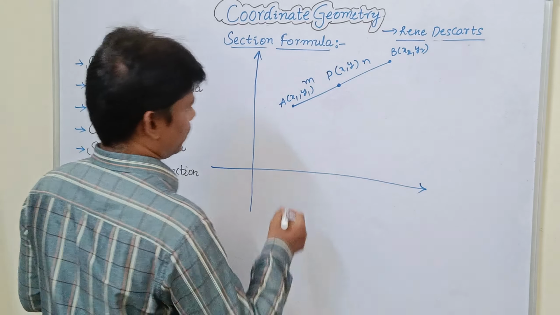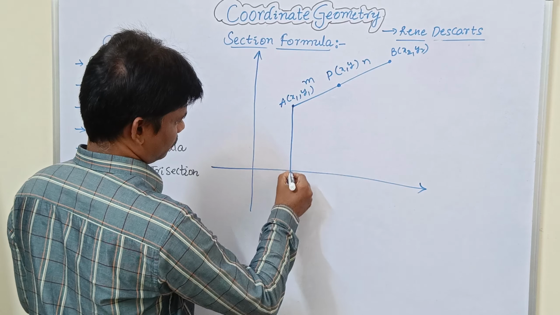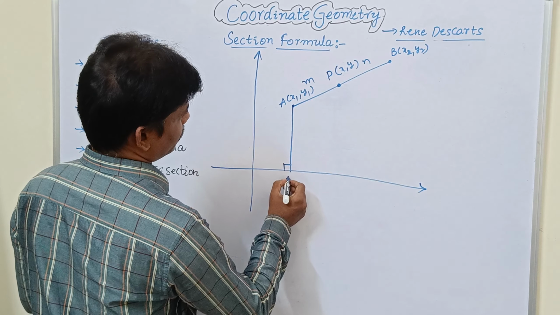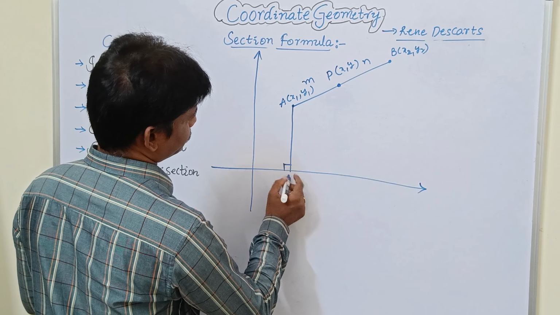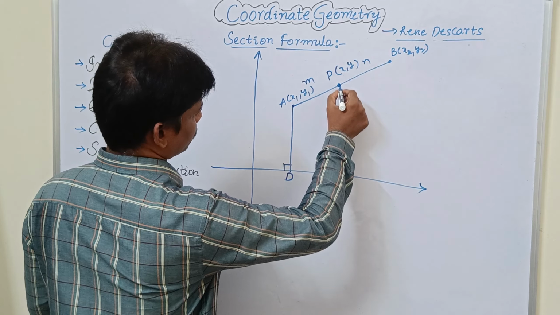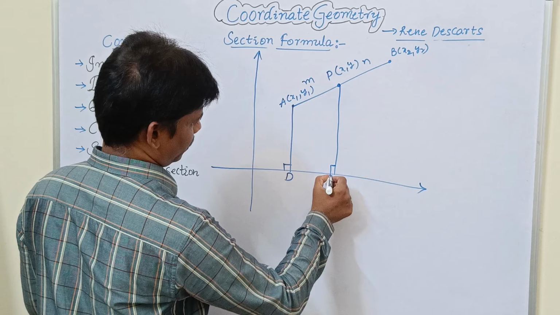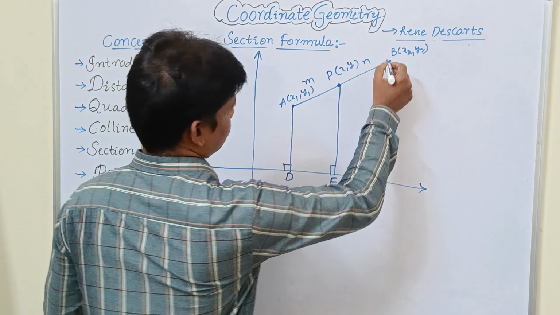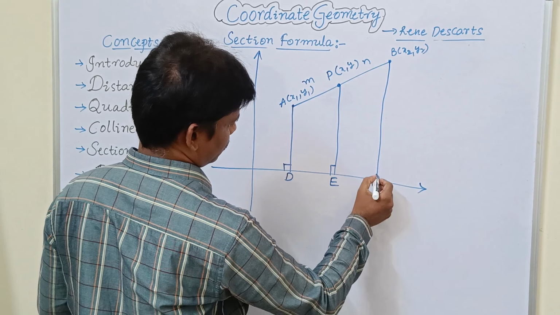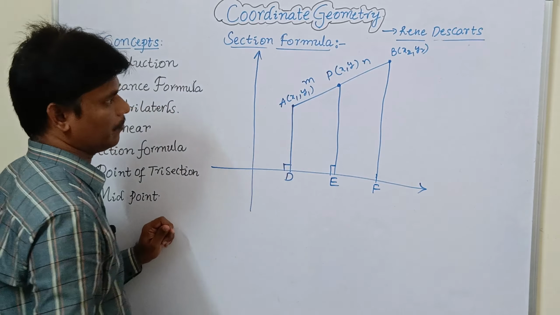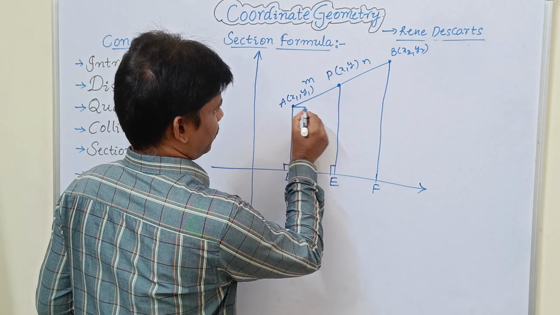So we have to draw perpendicular lines from A. This is A, this is the perpendicular line D, this is F. And also draw this perpendicular like this.